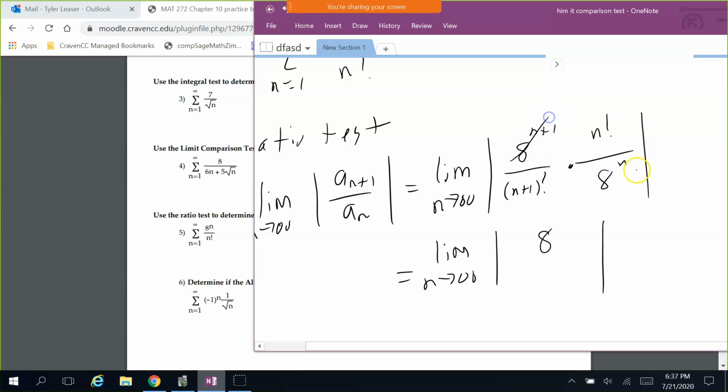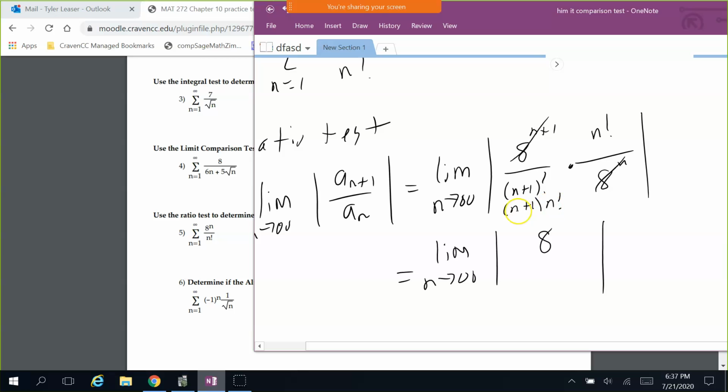The other thing that I have floating around is my n factorial and my n plus 1 factorial. For this, we're using the definition of factorials. This n plus 1 factorial I could rewrite as n plus 1 times n, n minus 1, n minus 2, n minus 3, all the way down to 1, or I could just cut it off here at the n and write it as n plus 1 times n factorial.